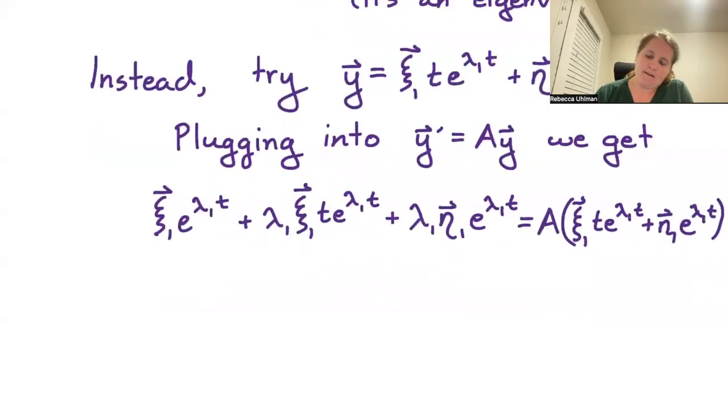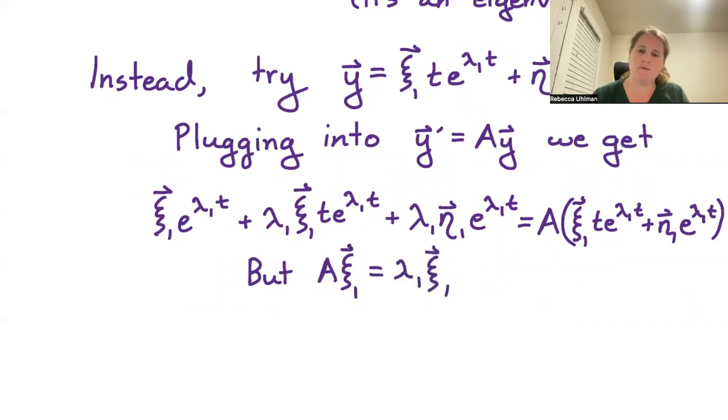Again, on our right-hand side, A times psi 1 is just lambda 1 times psi 1.